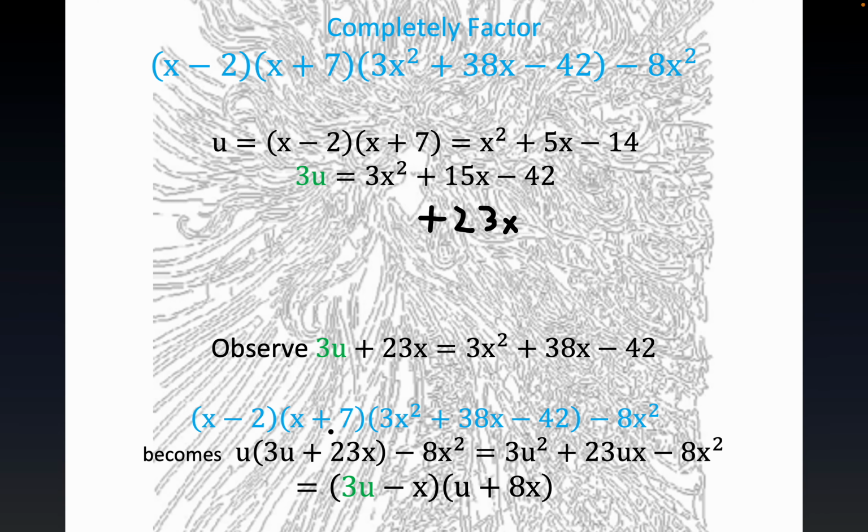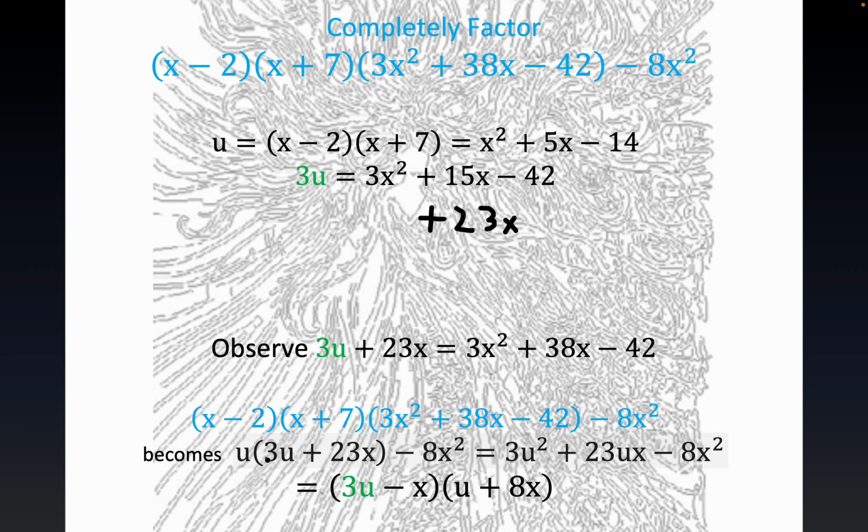So this is exactly what we just said here. 3u plus 23x is actually equal to this second factor up here, okay? That's very useful, because we can convert the original unfactored expression into something in factored form, just like this right here. Okay, folks, there's not much to say here.